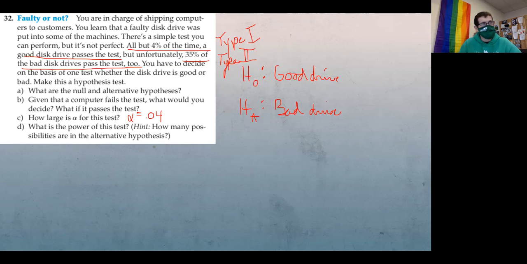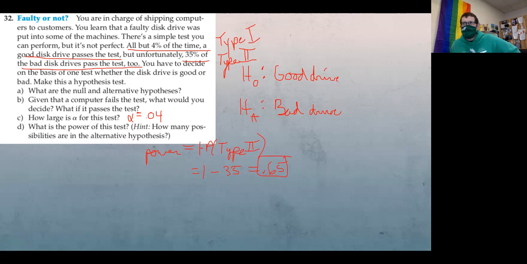That is what it would be conceptually. What would it be numerically? There we go. The power is going to equal 1 minus the probability of type 2. So in this case, it's 1 minus 0.35, 0.65. So that's as difficult as it gets mathematically, but getting to that point is not necessarily straightforward.